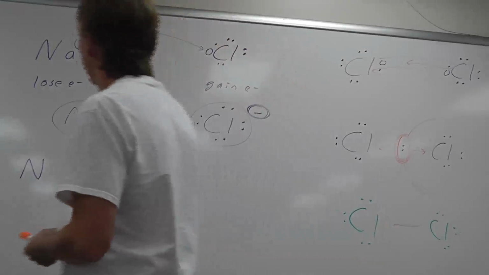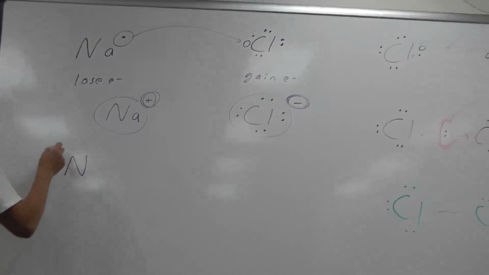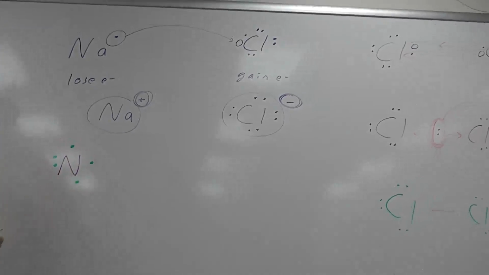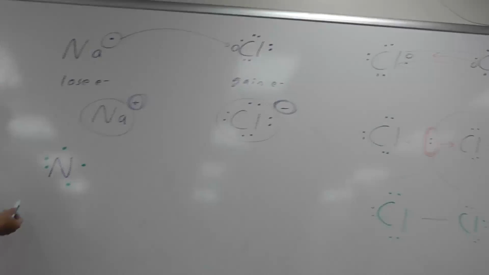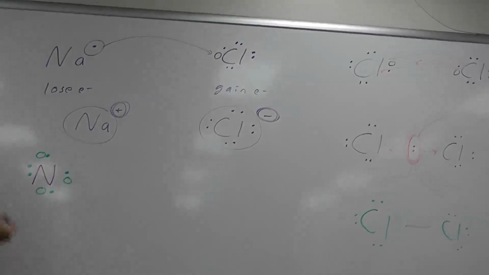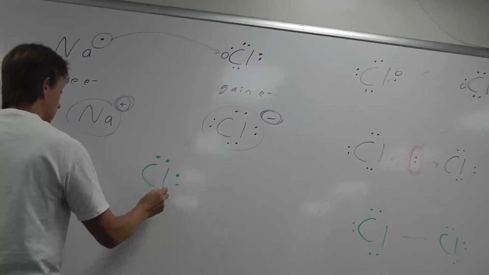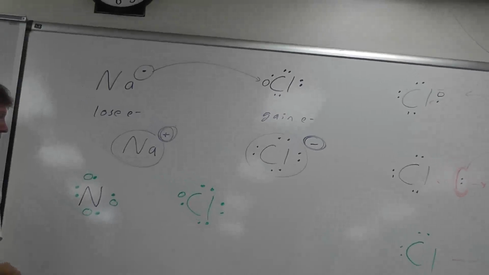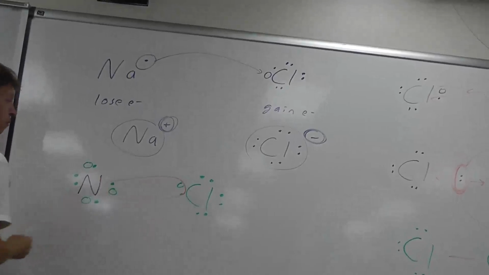What's the symbol for nitrogen look like? How many dots? 5. Just as important, how many vacancies? 3. So if we bond nitrogen with chlorine, then this one and this one go in to form a bond.